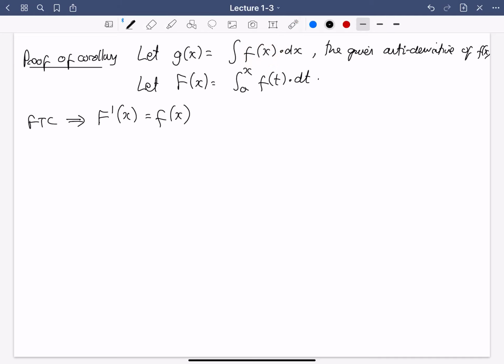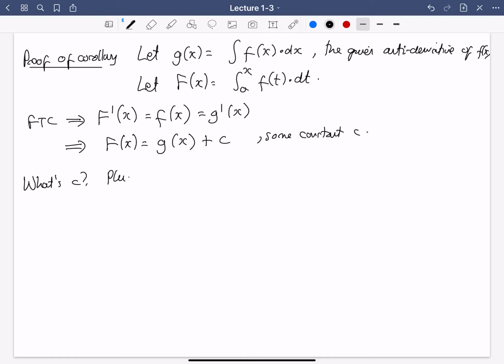So we know that the derivative of g of x is little f as well. So big F of x and g of x are both antiderivatives of the same function, so they're equal up to a constant. Now we have to find what c is.